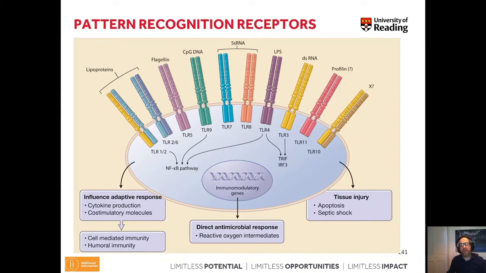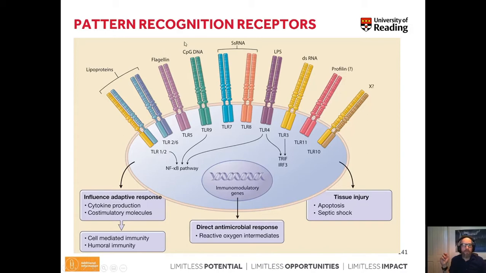They can recognize pathogen-derived lipoproteins, CpG-rich DNA, which is less common in eukaryotes. They can recognize short RNA molecules that are single-stranded. They can recognize double-stranded RNA. They can recognize bacterial lipopolysaccharides and other components of microorganisms.